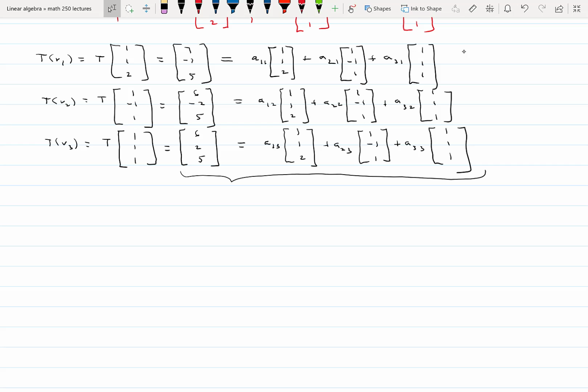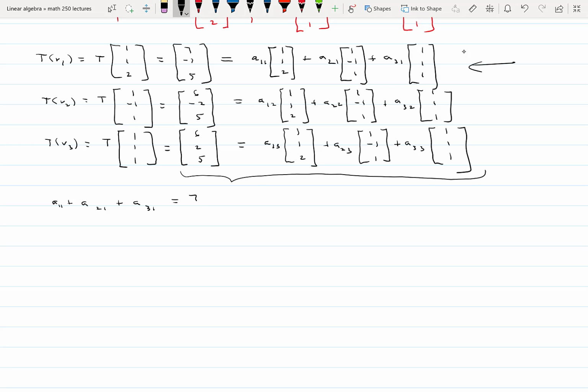So the first system will be concentrating on the first equation: A11 plus A21 plus A31 needs to equal 7.